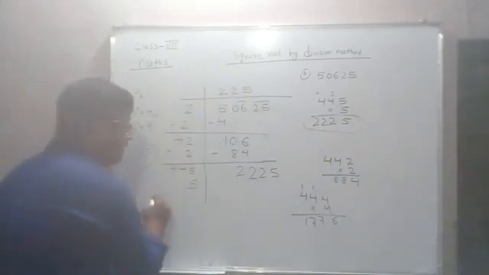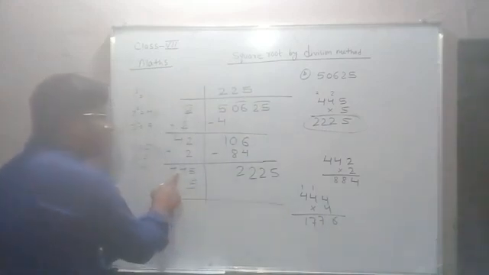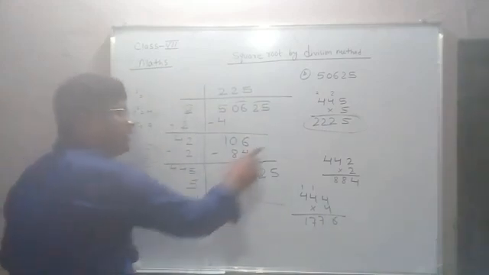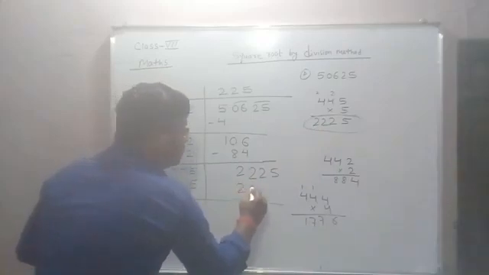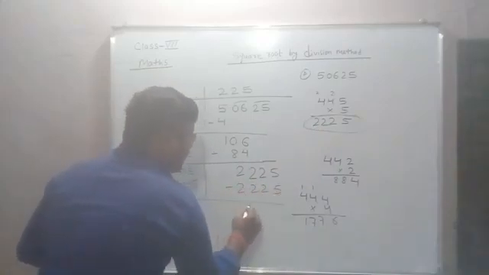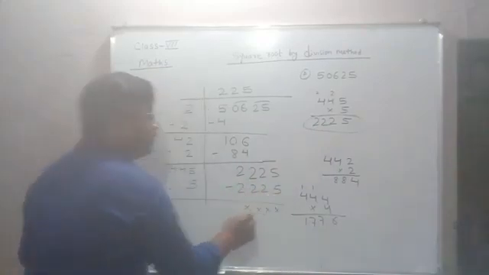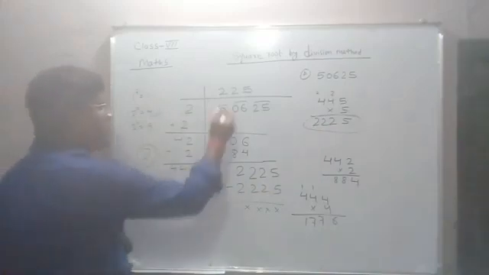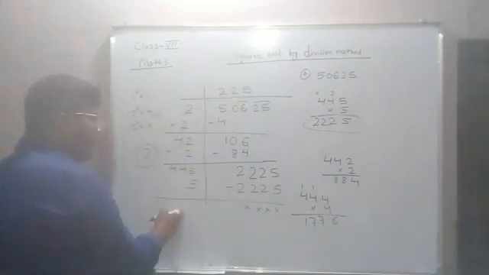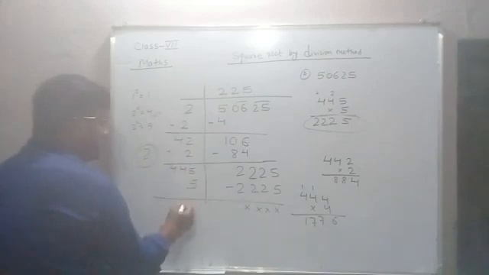Multiply 445 by 5, and we get 2225. Do subtraction, and you will get remainder 0. Here you need to add: 5 plus 5 is 10, carry 1, 5, 4.